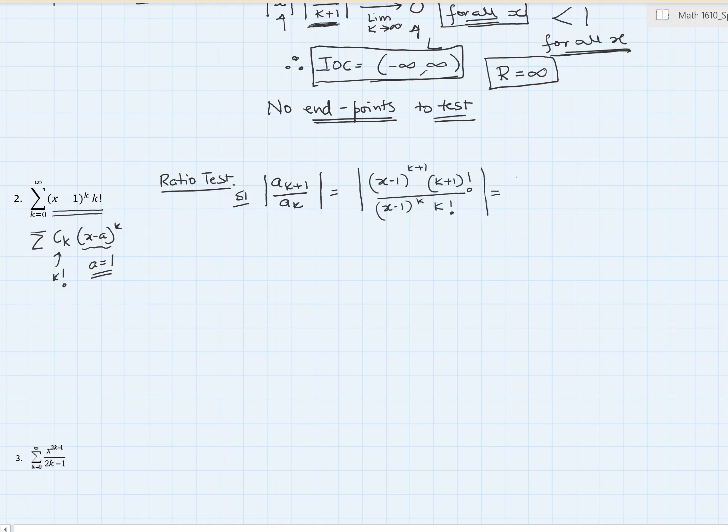So simple algebra will show you that this is x minus 1. The k factorial here and here cancels, and here I'll be left with k plus 1.